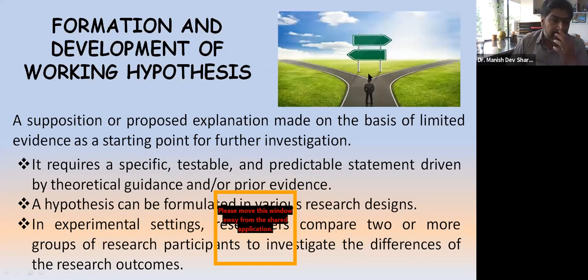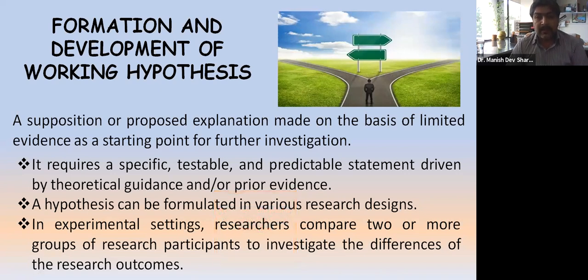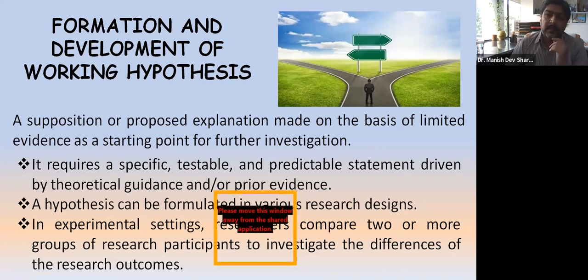Now, formulation and development of working hypothesis. You can see the picture where you have to move on one of the paths. Basically, it will help you decide which path you have to follow, because one wrong path will take you farther away than your specific path. So you will definitely go the wrong way far ahead.